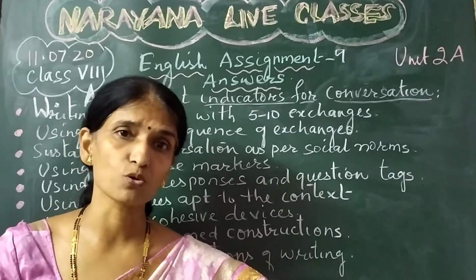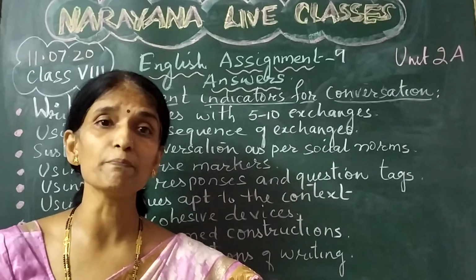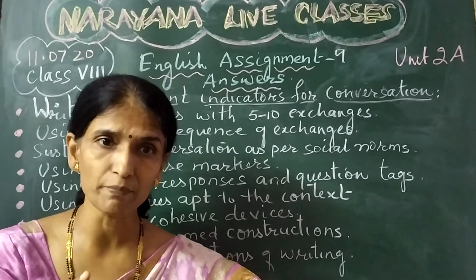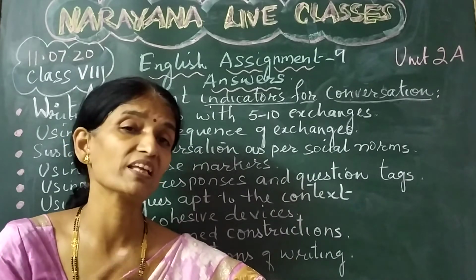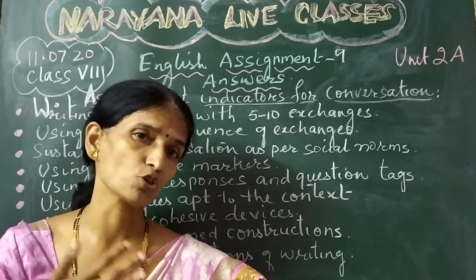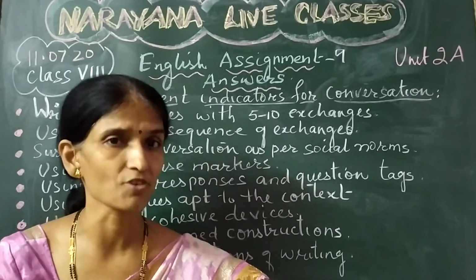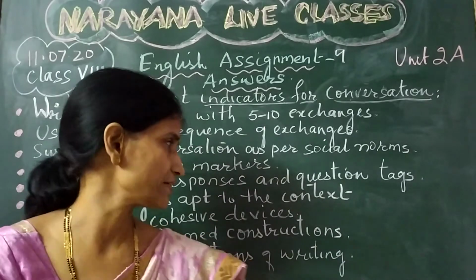Also, when we write a sentence, we follow subject-verb agreement. So structure and subject-verb agreement should be maintained. When we write dialogues, the sentences should be well-formed. That is one of the assessment indicators.